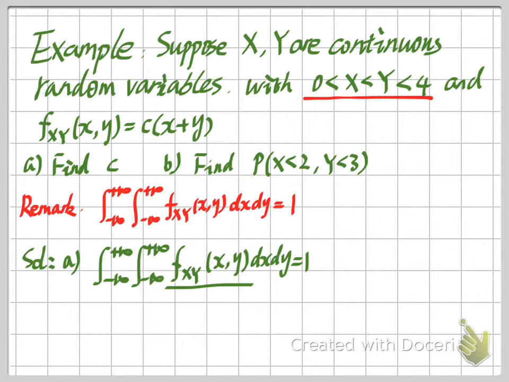So for the upper and lower limits of our double integral, we need to decide their values. To do this, in general, I always draw a graph of this region and use it to help us find the upper and lower limits.